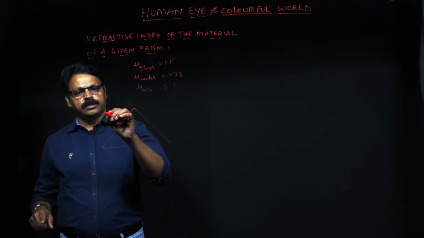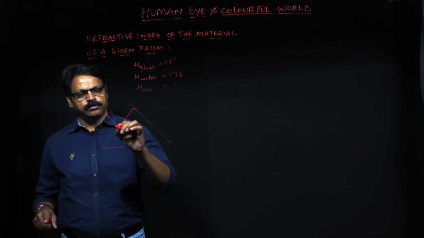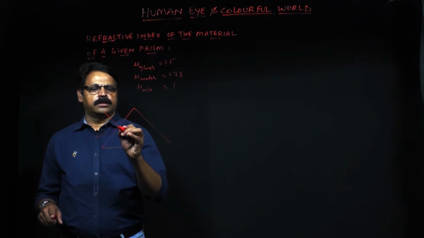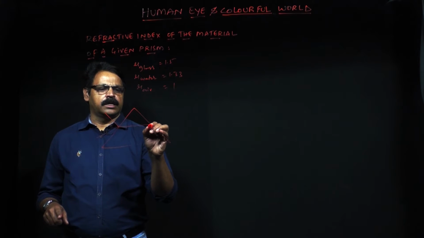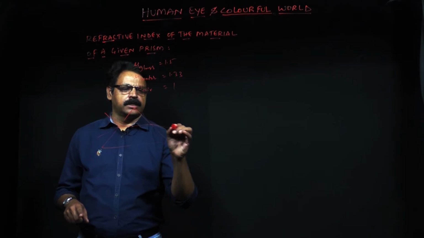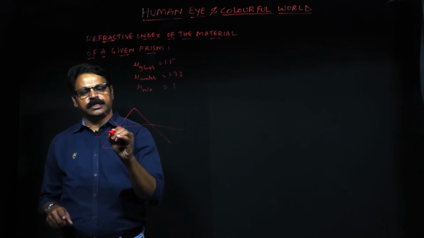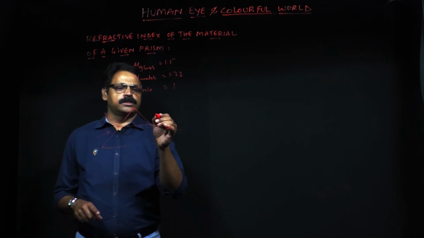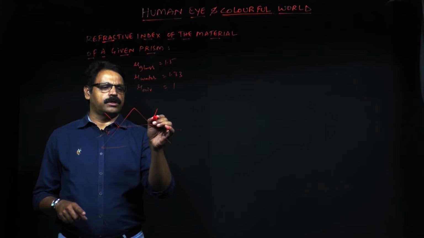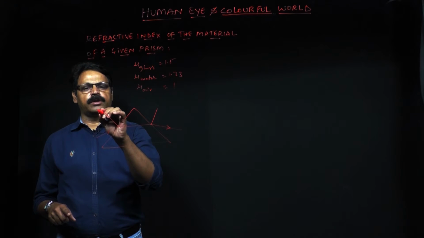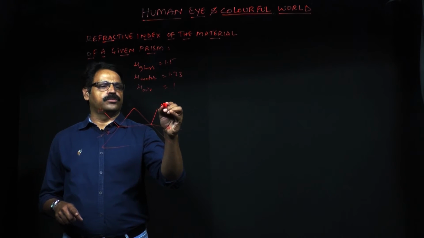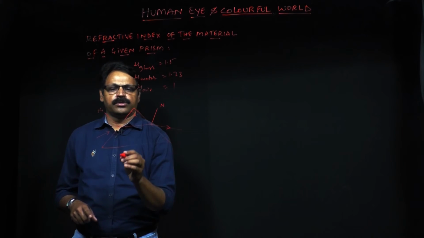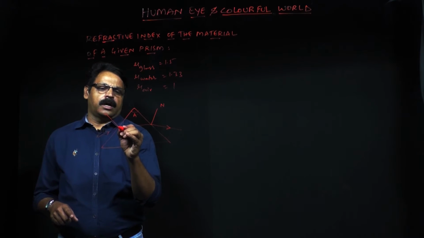This is the normal drawn to the prism, and here a ray is incident, then refracted. This is the incident ray, this is the emergent ray, and these are always measured with reference to the normal only. Let us say this is normal 1, this is normal 2, and this is the prism angle A.